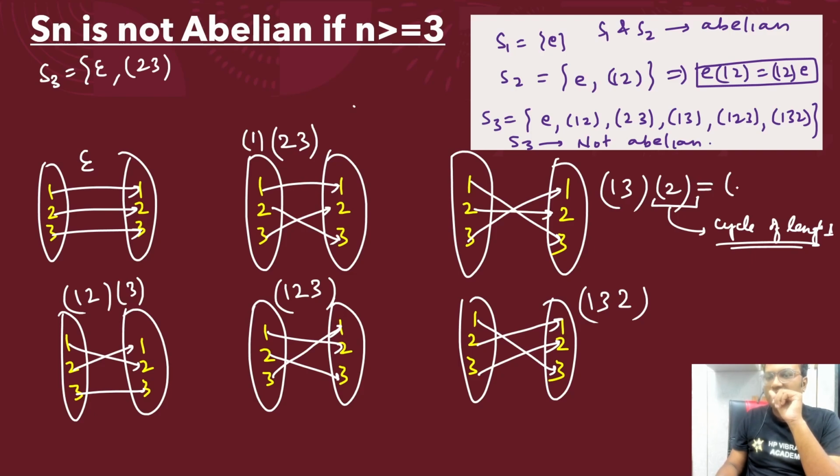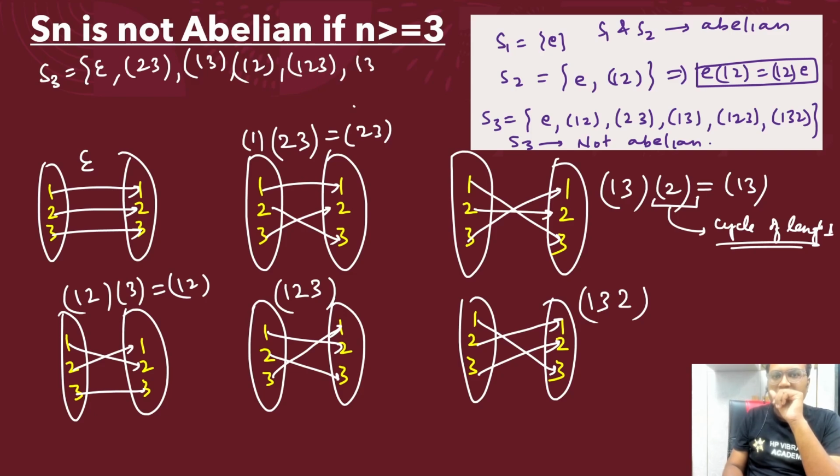So the elements are the identity, (2 3), (1 3), (1 2), (1 2 3), and (1 3 2). Total 6 elements are there.